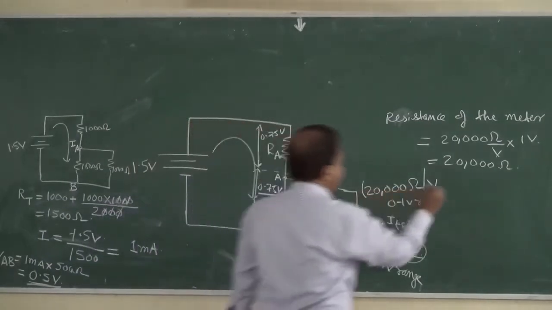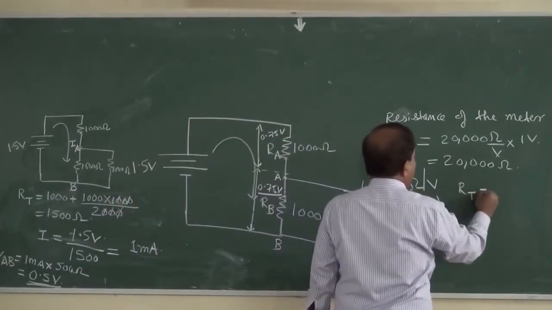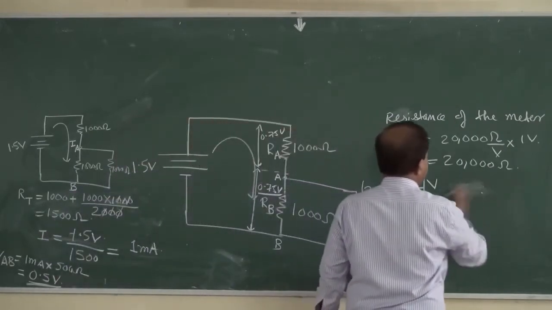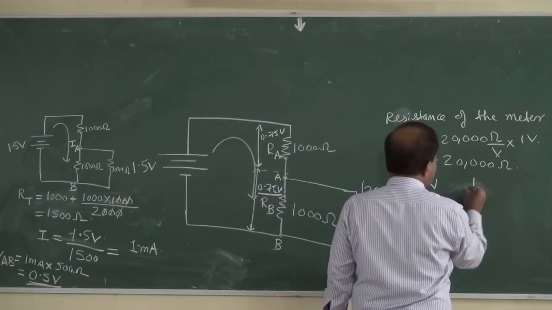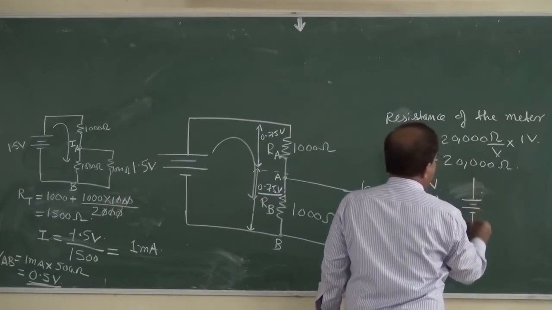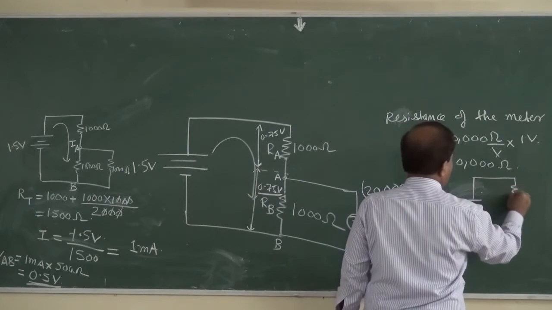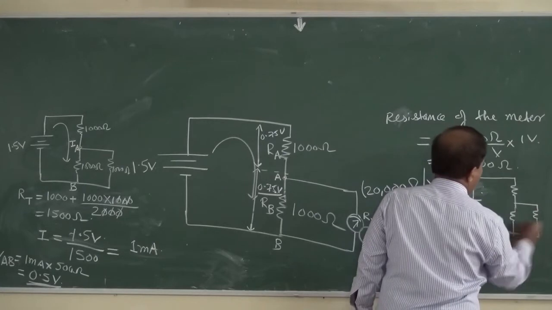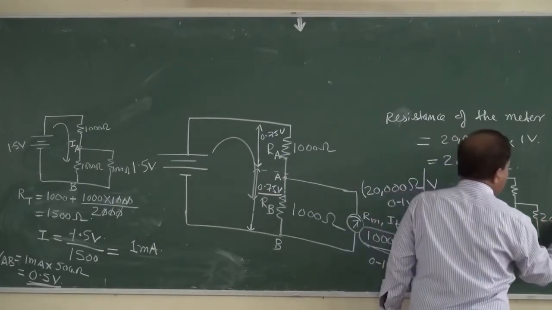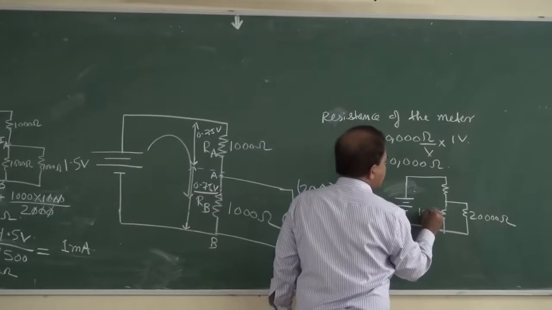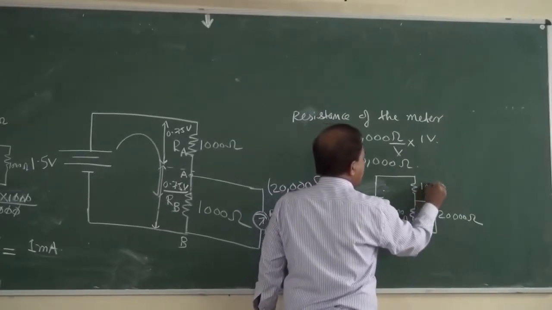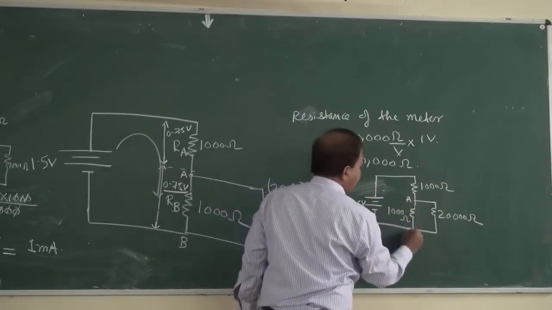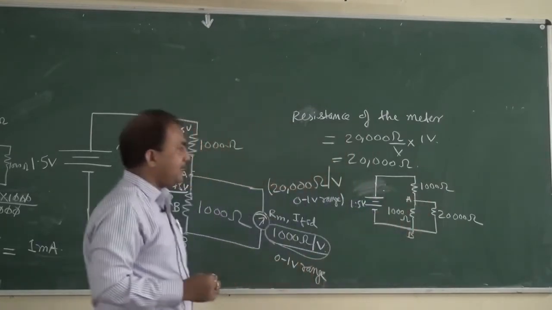Now the total resistance RT, so you can modify the circuit. The circuit will look like this. This is 20,000 ohm, and this is 1000 ohm, and this is 1000 ohm, and this is 1.5 volt. So we have to determine the voltage at point AB.